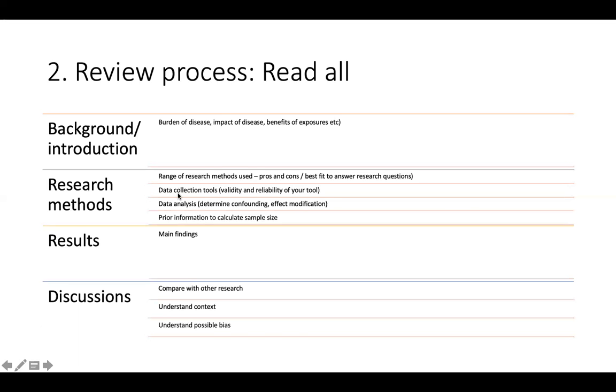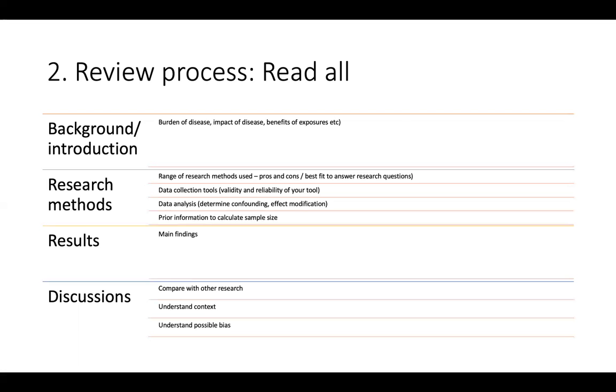And then also critically analyze the data collection tools that have been used. Always see if the tool has been validated and if the tool is reliable enough. As students, a lot of us tend to select those tools that have been previously used by another author without even thinking about their validity and reliability.